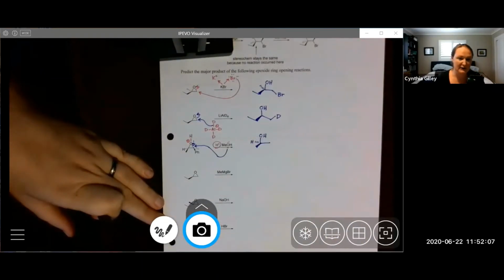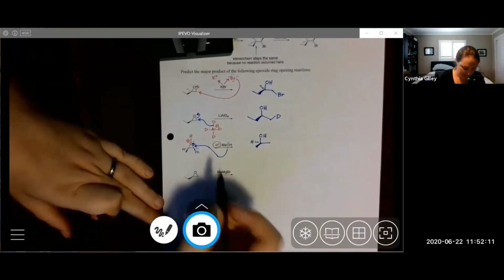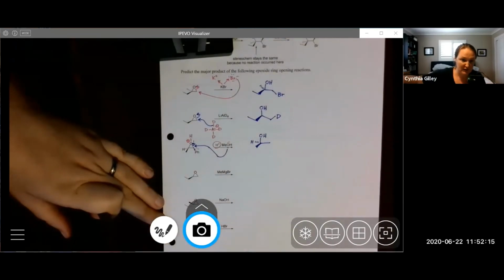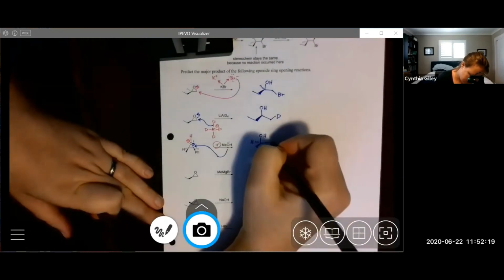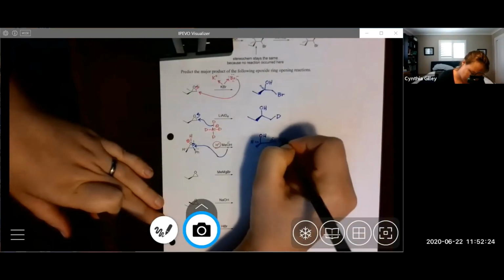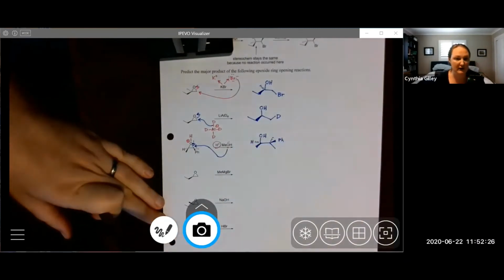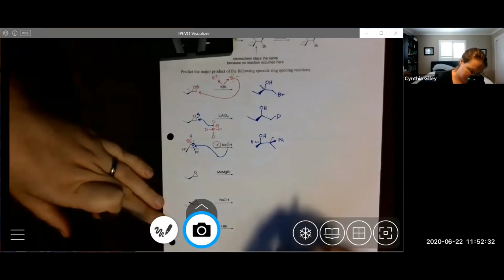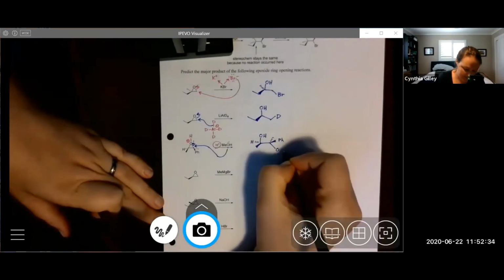Now here's the thing when you do it this way: because the epoxide is in the plane and we're showing the methanol coming from the back, we can keep these groups on the same dash or wedge that they were before and show the nucleophile opposite of where the leaving group left. And then that will be inversion. So we'll end up with OCH3.